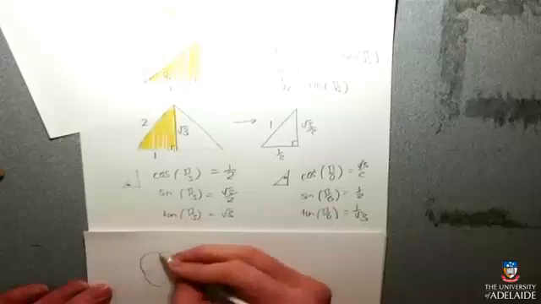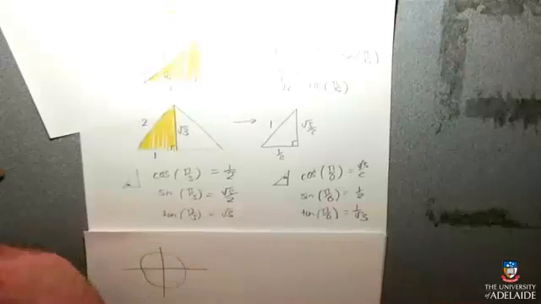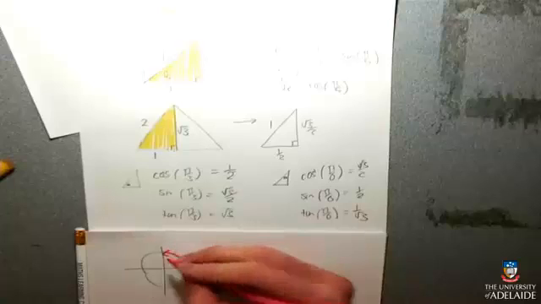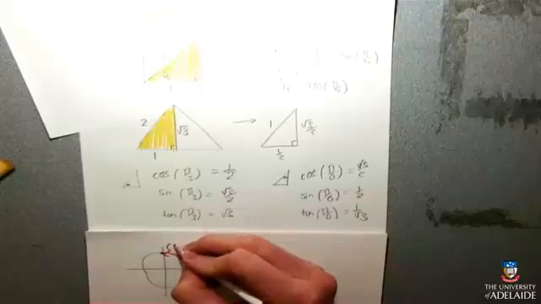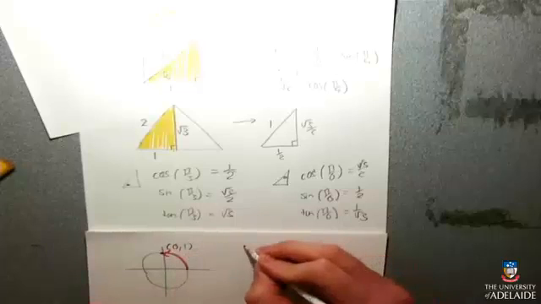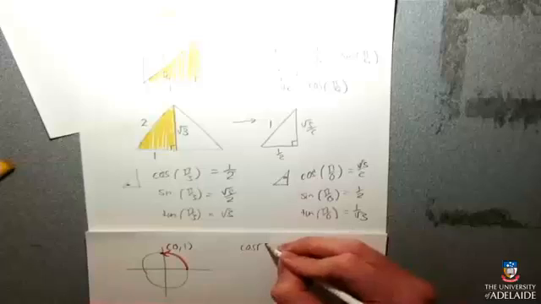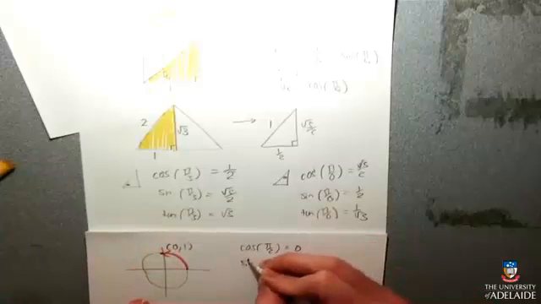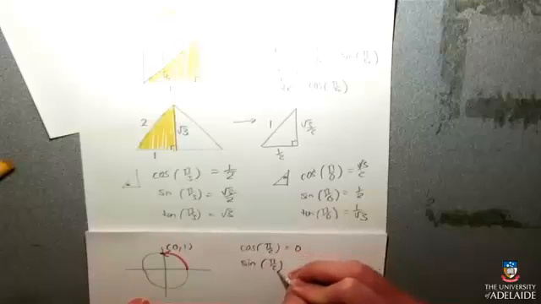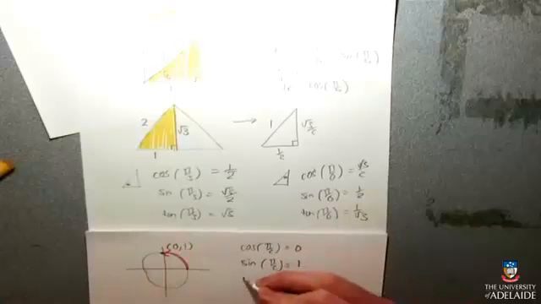So on my unit circle, I know that pi on 2 is halfway across the top. So that point there has coordinates 0, 1. And so I know that cos of pi on 2 is the x-coordinate. Sine of pi on 2 is the y-coordinate.